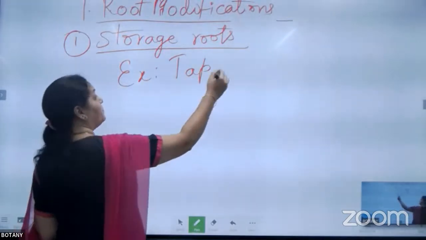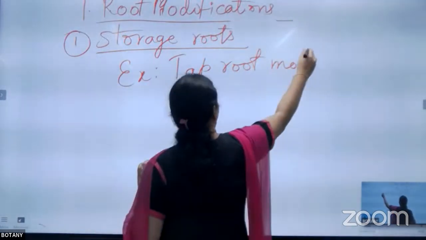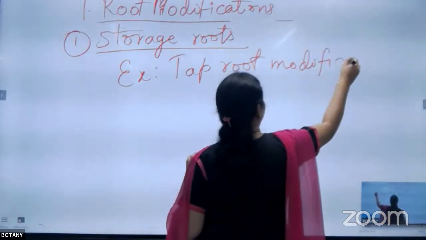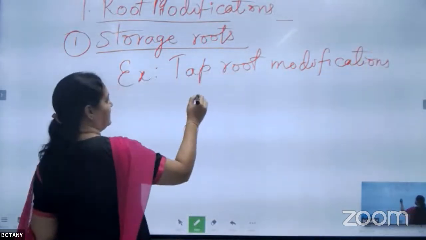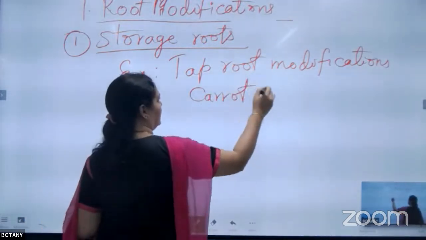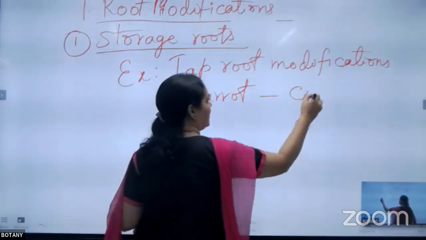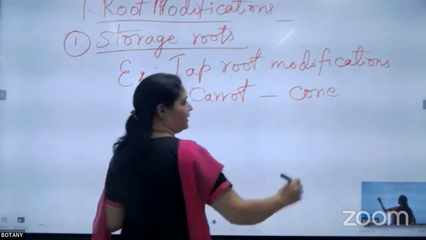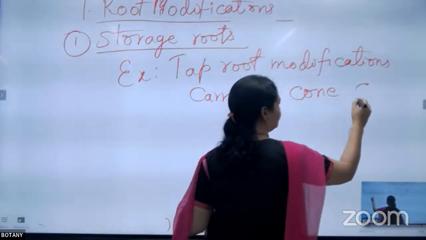That is the taproot modification. In taproot modifications, we have 3 examples. The first one is carrot. By storing the food, it turns into a cone shape. And here we have to draw the simple diagram.